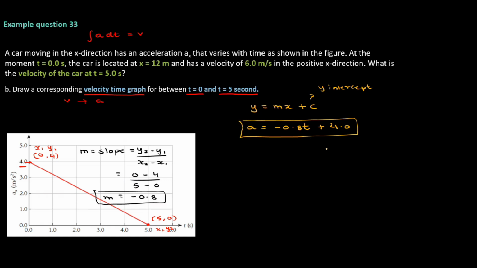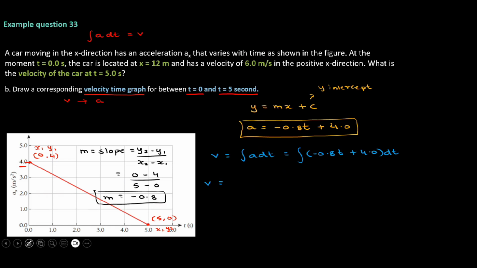I'm going to integrate this acceleration function to get the velocity function. So let's find velocity function v. v will be equal to the integral of a dt, that is the integral of negative 0.8 t plus 4 dt. The first step in integration is to identify the power of t. The power of t in the first term is 1.